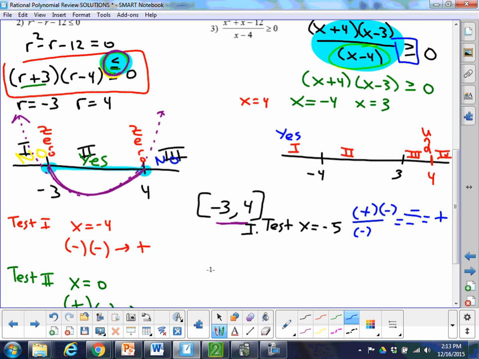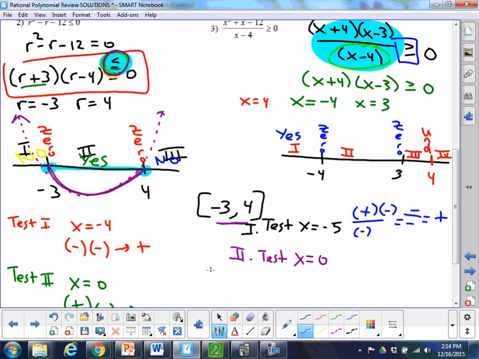Now negative 4 itself, the borderline, it actually equaled 0. So let's label that. And in this case, again, equaling 0 is part of our solution. If x were 3, that's also a 0. So let's do another test point. Let's do something in interval 2. Let's try the number 0, x equals 0.